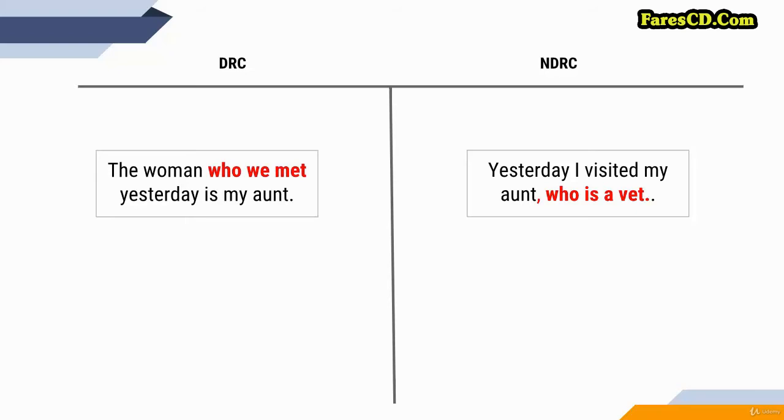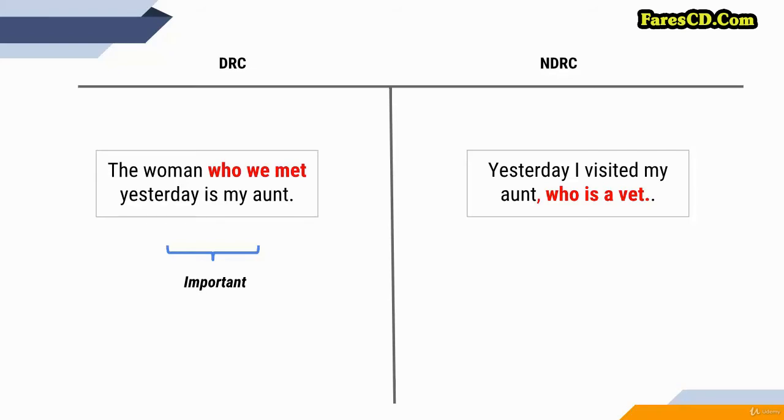And why is this one so important? Well, because when you don't put commas, you say that the information is important. This information is important for the understanding of the sentence. The woman who we met yesterday is my aunt. If you skip this part of the sentence, who we met, it won't be clear who you are talking about.